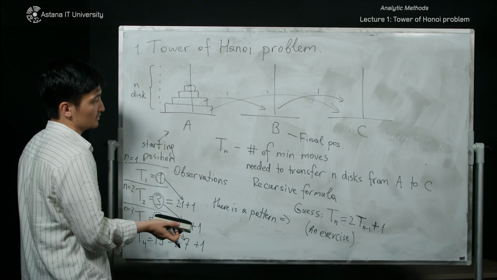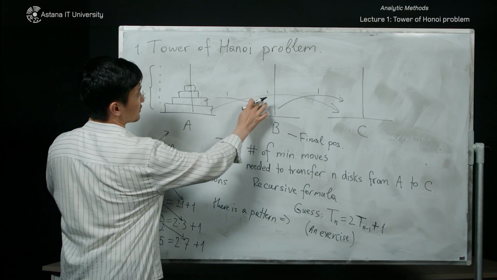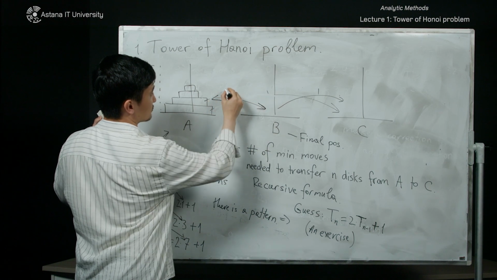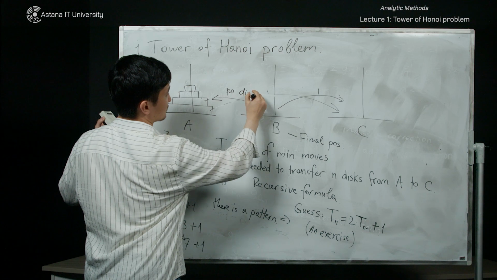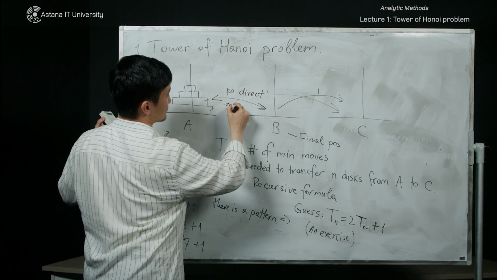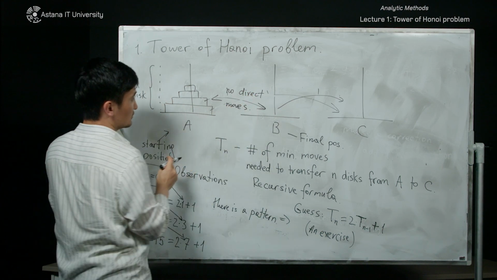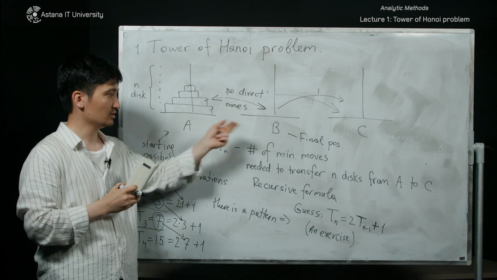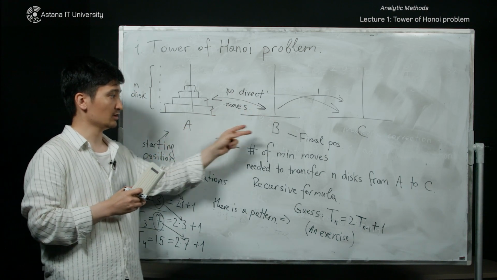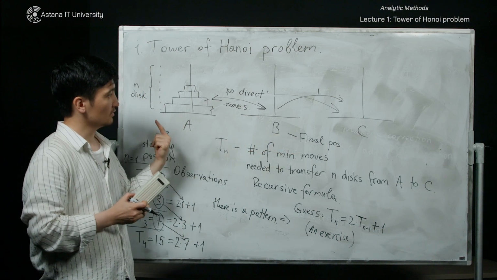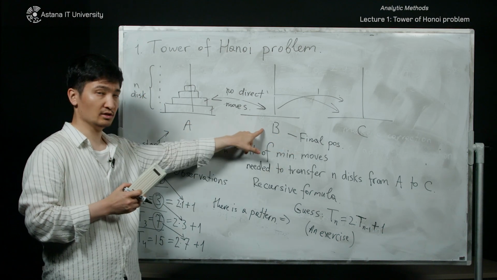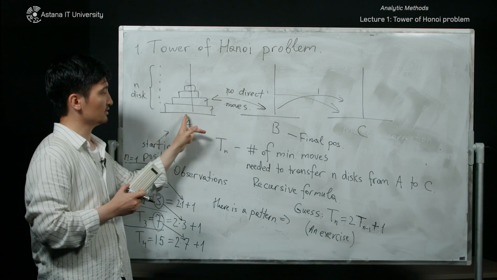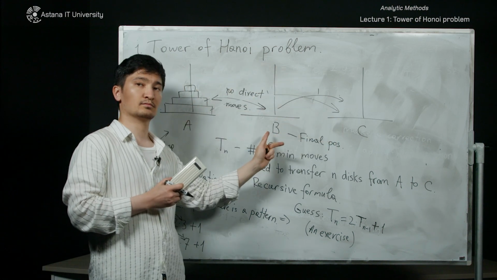The restriction is that we cannot move between A and B. So no direct moves. Basically, you have again 3 pegs, A, B, C. Your starting position is A, final position is B, but you cannot move directly from A to B and from B to A. You can only move through C. That is from A to C, from C to B, only like this.